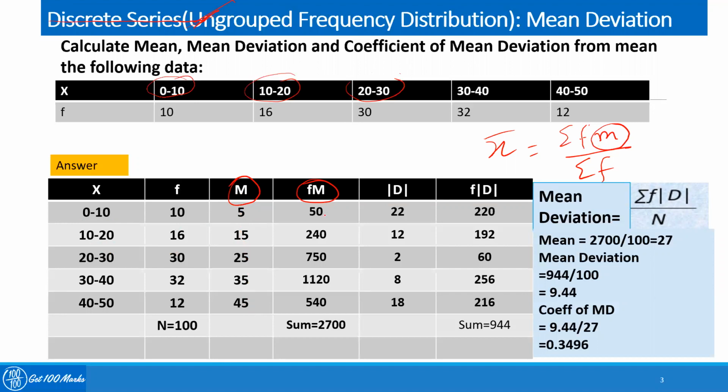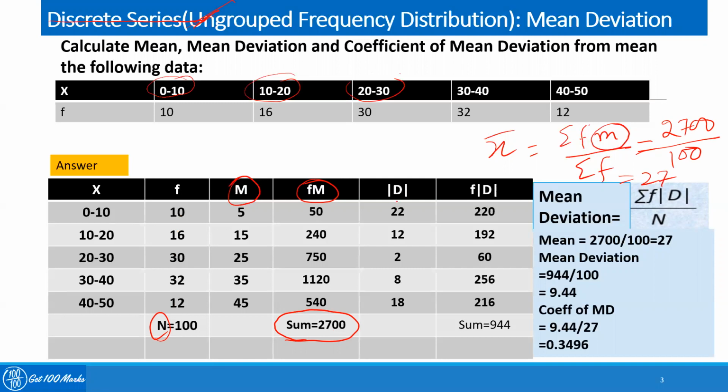So 10 into 5 is 50, 16 into 15 is 240, 30 into 25, and I have calculated all the values and found the summation of that. In this formula it comes to 2700 divided by summation of f. Summation of f is denoted by capital N, which is 100. Therefore, my mean or x bar is 27.